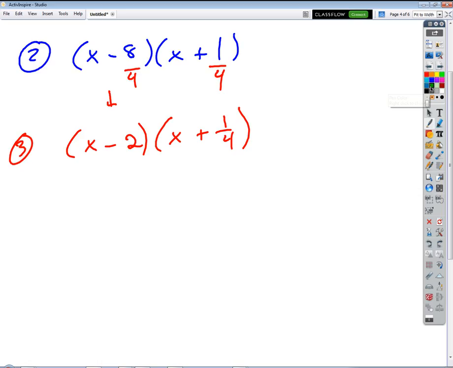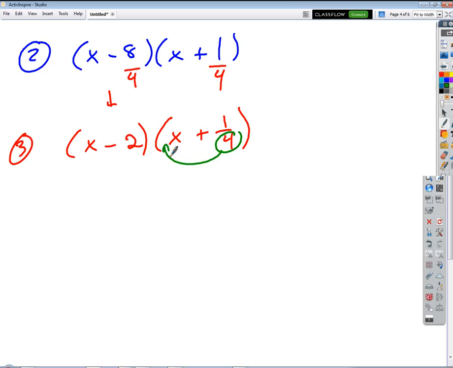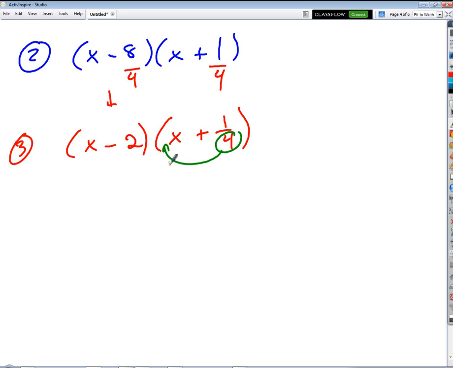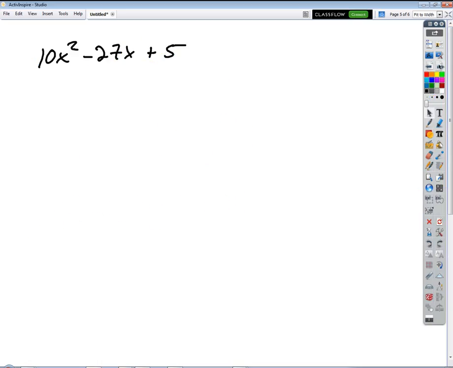Doesn't change anything. Here the 4 goes in front of the x. Our answer is the quantity x minus 2 times the quantity 4x plus 1. That's it. That is so much easier than the alternative. Okay? Try another.